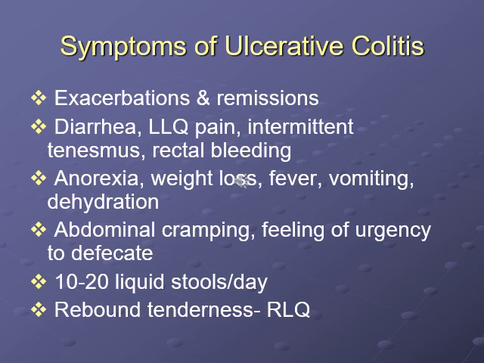You can also look at the L in ulcerative colitis and think left lower quadrant, and the R in Crohn's disease for right lower quadrant, as another way to help you initially remember these things. Anorexia, weight loss, dehydration, malnutrition, abdominal cramping, diarrhea, all of those things are the same. The biggest things are the pain location and the frequency of stools.